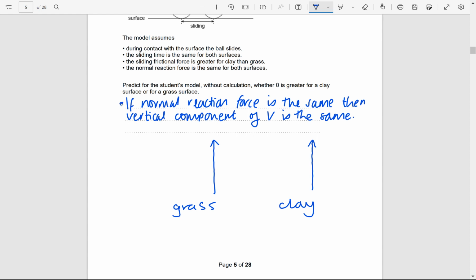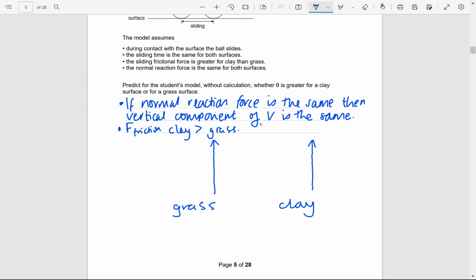And we know that if the normal reaction force is the same, then the vertical component of V is going to be the same. But we've got friction is greater for clay than the grass. So the force of friction for clay is greater than that of grass.